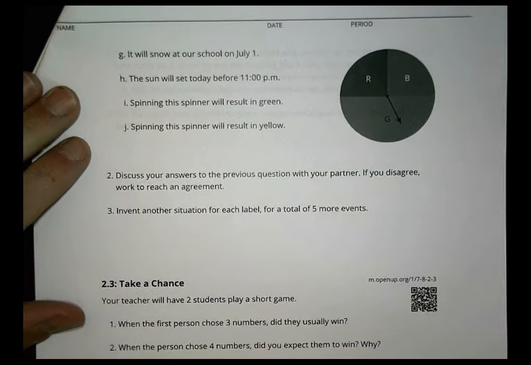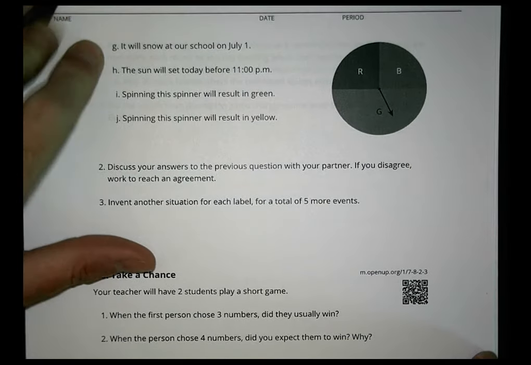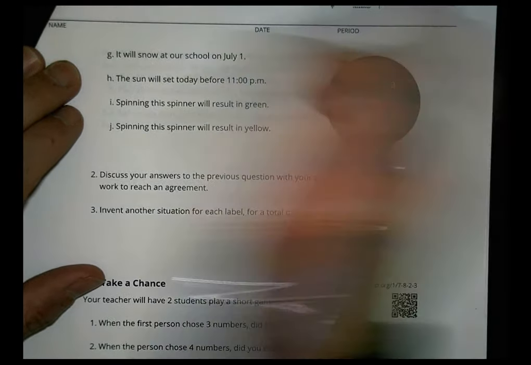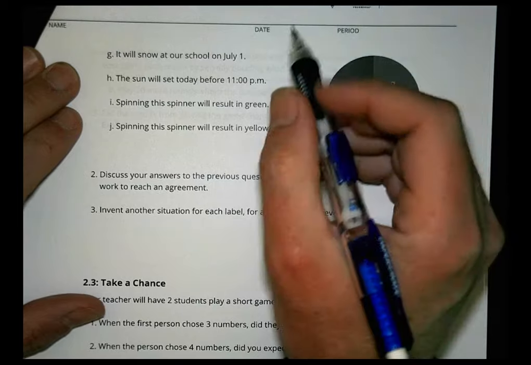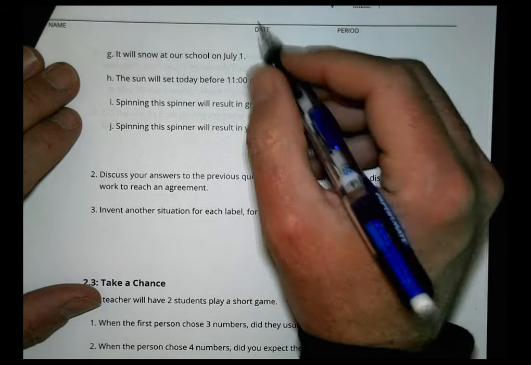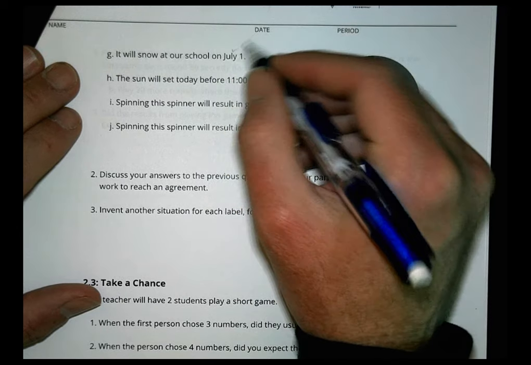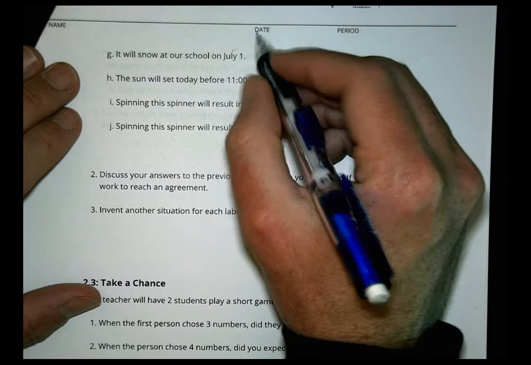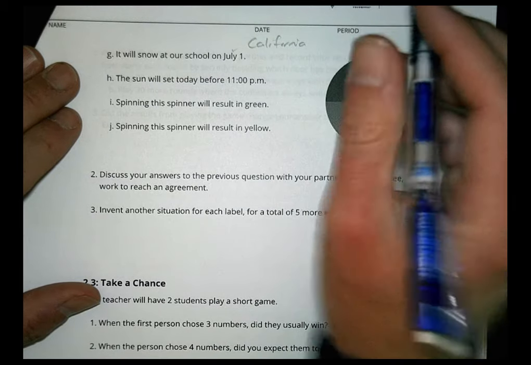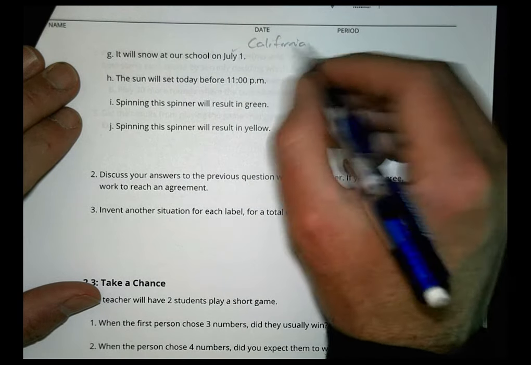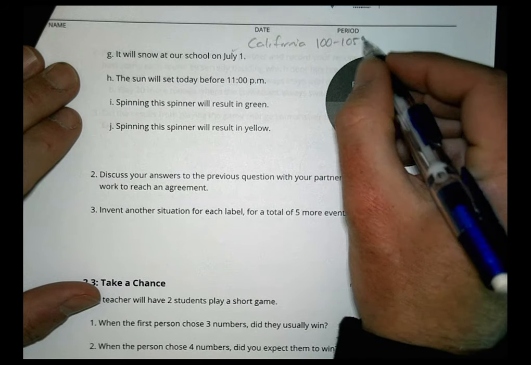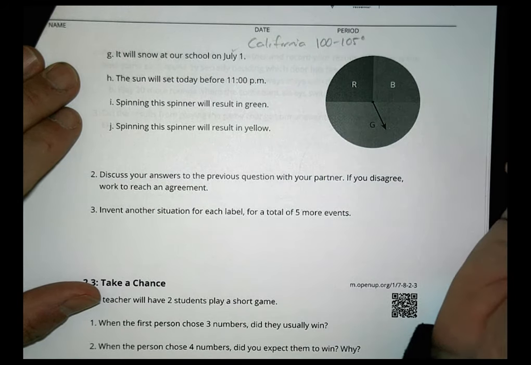What are the odds that it will snow at our school on July 1st? Now, it depends on where you live. As I've watched people that follow this video channel, we have people up in Alaska and Maine and states like that. So maybe it could snow where you live on July 1st. I happen to live in the middle of California, in the Central Valley, where our temperatures on July 1st can easily be between 100 and 105 degrees if it's not a total heat wave.